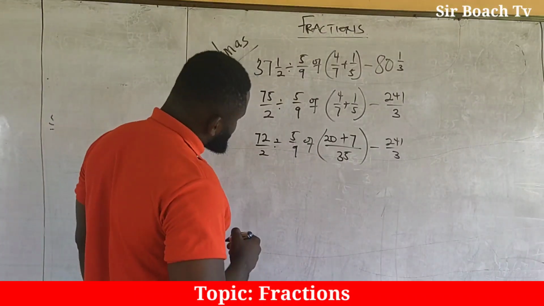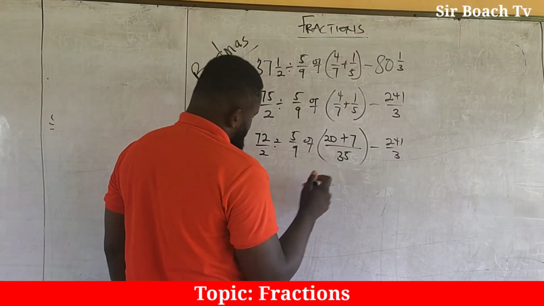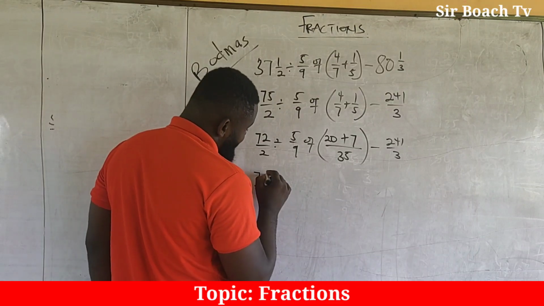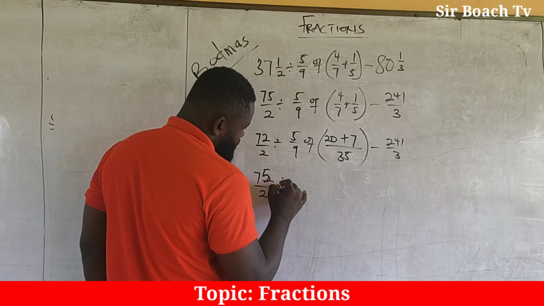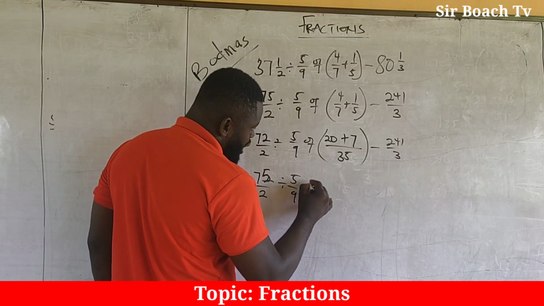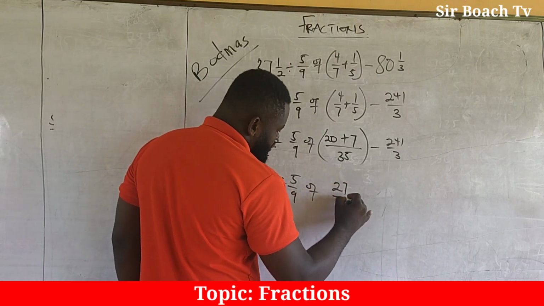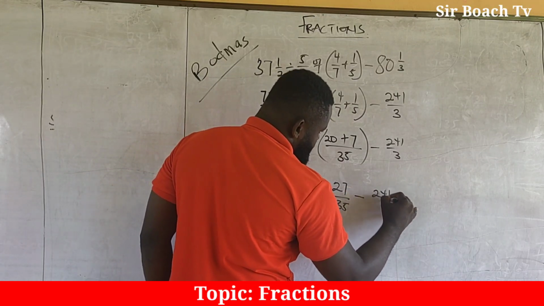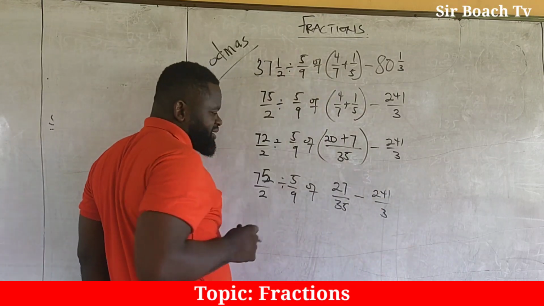Now what we do now, we have to complete this one. So we are going to get 75 on 2 divided by 5 on 9 of 27 over 35 minus 241 over 3. Now the bracket is gone.